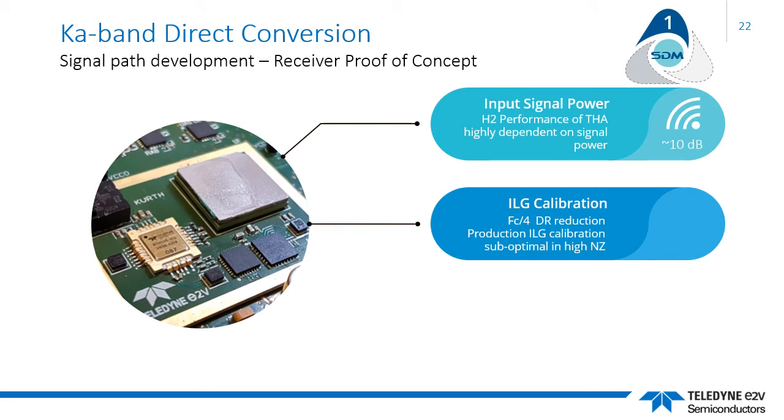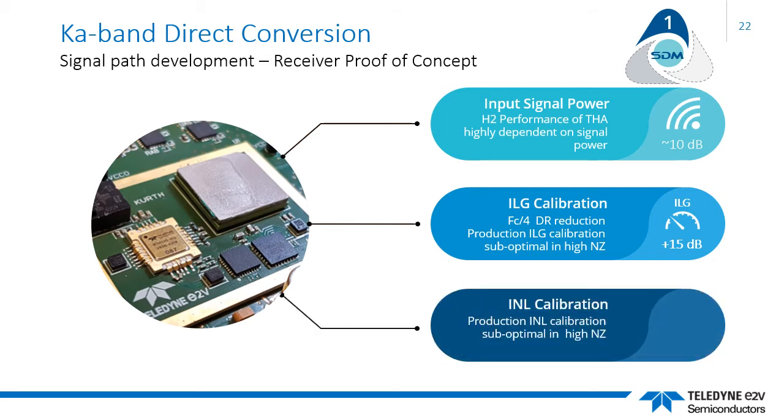Furthermore, there was a noticeable fall in dynamic range at an FC/4 rate, i.e. at a quarter the sample clock rate. That's a telltale sign of a problem with the time interleaving within the ADC cores. It was not especially surprising since the ILG is calibrated during production tests and optimized for baseband frequencies. Further work indicated a 15 dB lift in spurious-free dynamic range was possible using a high-frequency calibration.